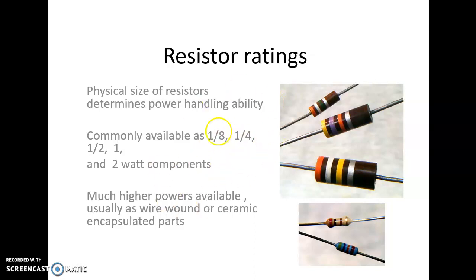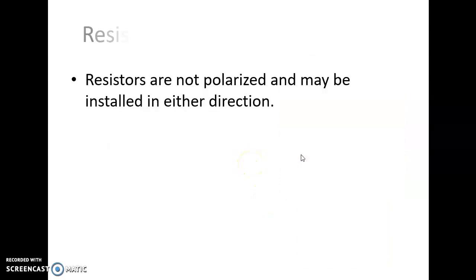So the resistor power dissipation rating is very important. Depending upon your application, you can use a higher one. If you are using it for higher power applications, then your power rating will be more, and as the power rating increases, the size of the resistor also increases.